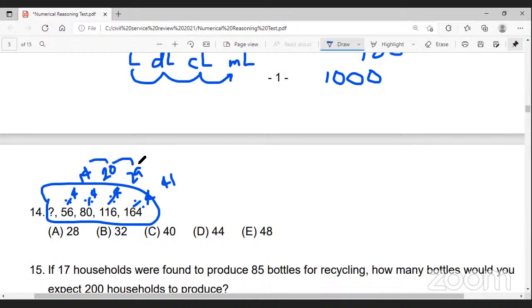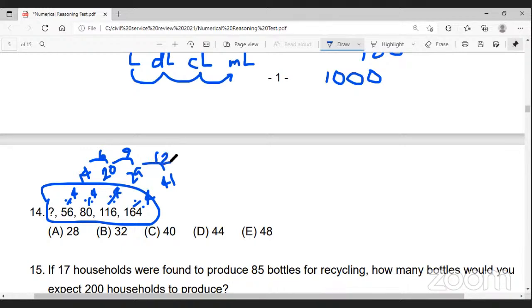Now, after the result, please observe some relationship between these numbers. It has a difference of 6, di ba? It has a difference of 9. It has a difference of 12.